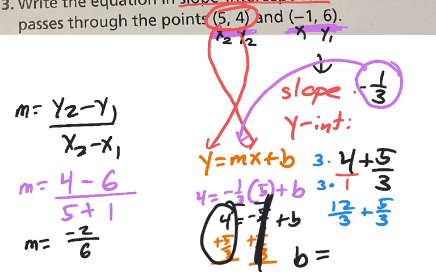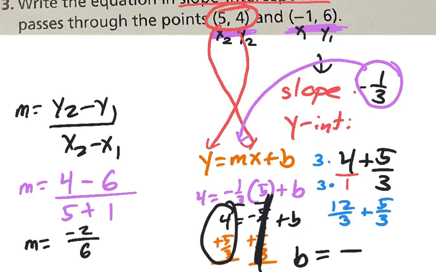So 4 and 12 thirds are the same thing. If I had 4 whole pizzas and cut each pizza into 3 slices, who does that? But you can. You would have 12 slices, 12 thirds. That's fine.